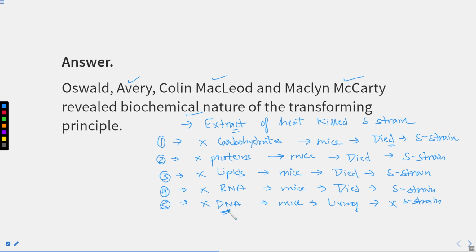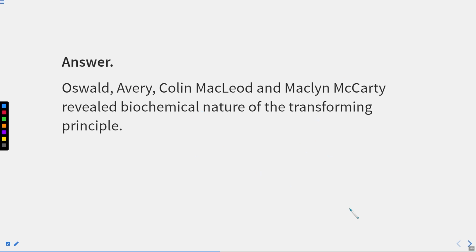DNA is the genetic material, because when no DNA was present, virulent bacteria were not recovered and the mice lived. So DNA is the genetic material which is passed on to the next generation.